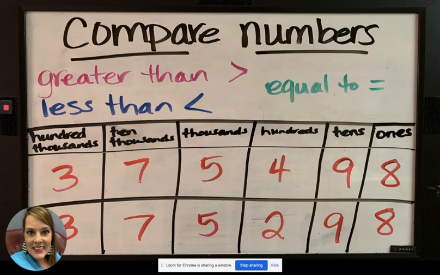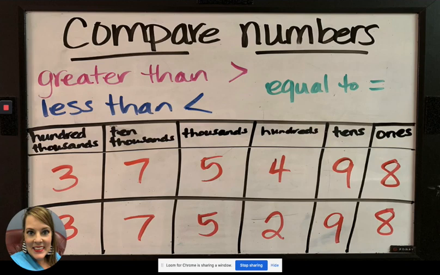The next thing that you learned about was how to compare numbers by using the greater than, less than, or equal to symbols. That way you're able to show the relationship between two multi-digit numbers. So in my example, we have two numbers listed. Again, we have the place value chart going from hundred thousands all the way to ones from left to right.